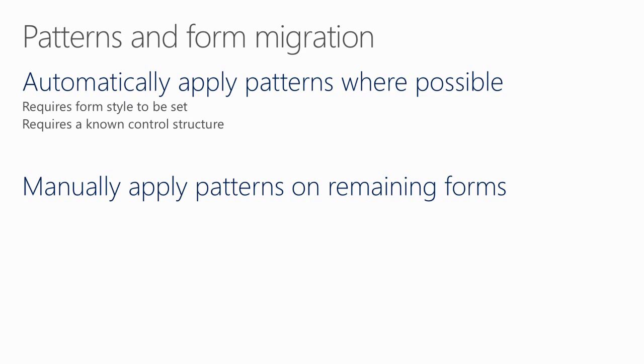On the other hand, if you have stayed away from form templates and have just gone off and done your own thing, or if you, for some reason, do not set form style and it's set to auto everywhere, because we don't have any upgrade scripts for style equals auto at this point, then this is going to become more of a manual process, and it may take more time and more effort, unfortunately.